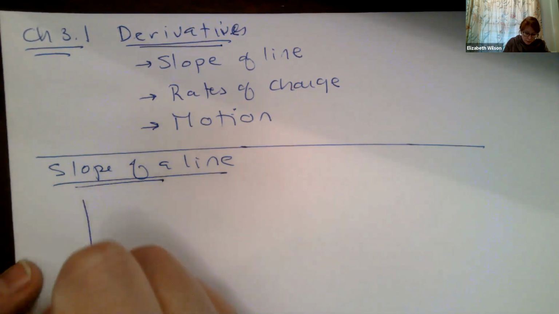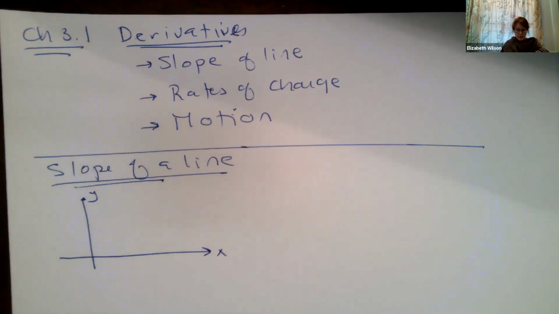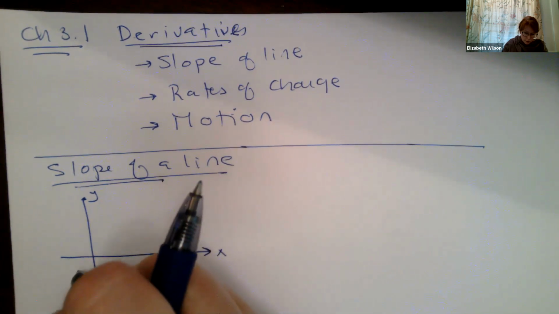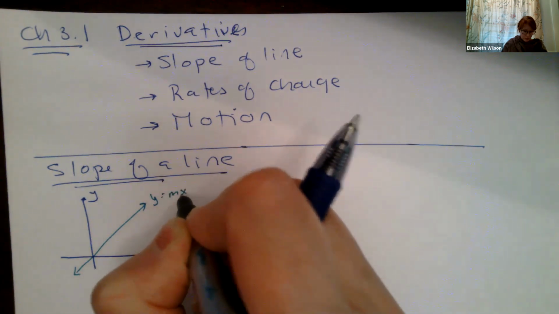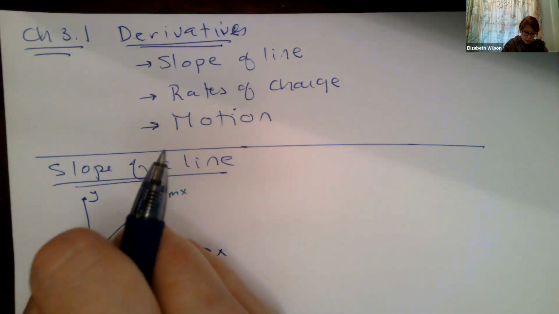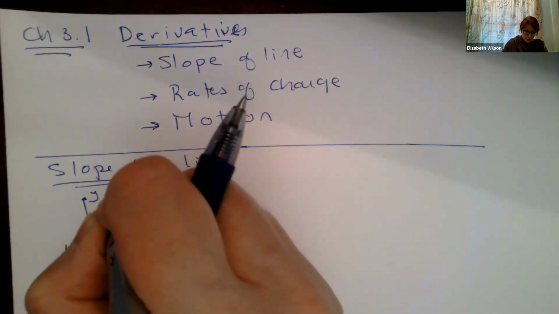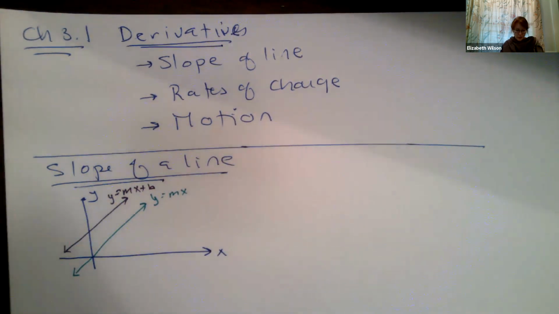So if I've got my x and y axes, and then let's say I've got some function, whether it goes through the origin, y equals mx, or passes through a line like this, y equals mx plus b, or I could be going in the other direction.